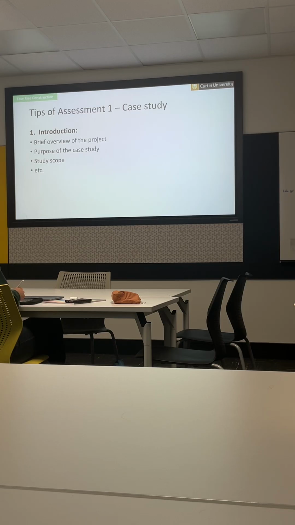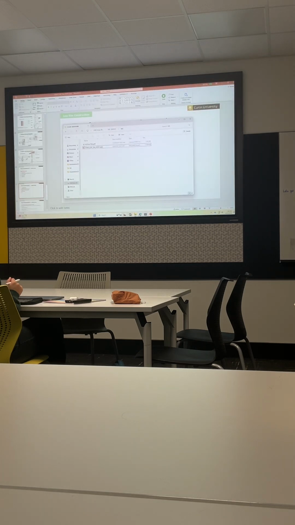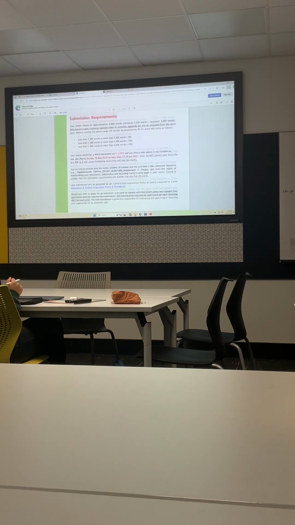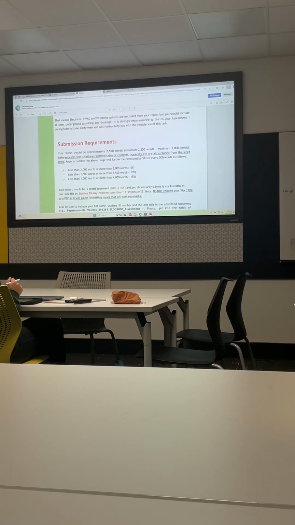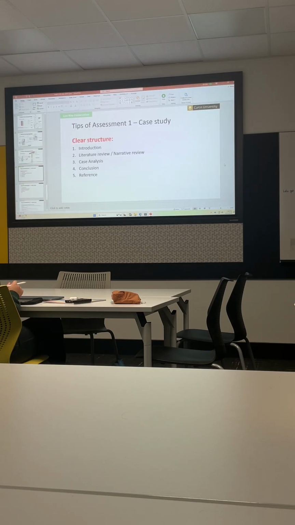Here is a tip about how you could organize your structure. For example, you are required to provide 2,500 words for your writing. And here you have 4 major sections for writing.